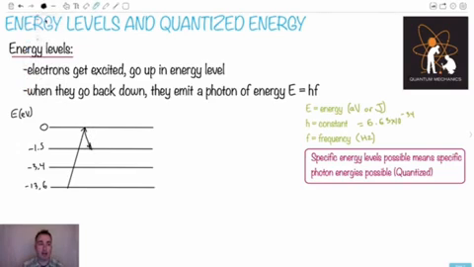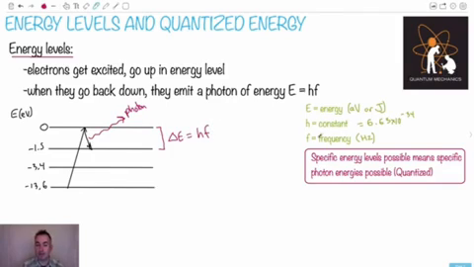Every time it does that little drop, anytime an electron goes down in energy, it's going to emit a photon. And that photon will have a very specific energy. If you can figure out what that energy difference is, this delta E here, that is going to be equal to hf, where h is that constant, and f is the frequency of the light. So essentially it tells you the color of the light.